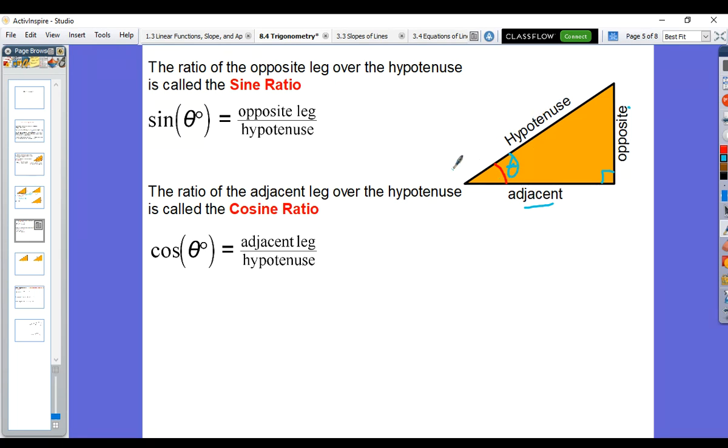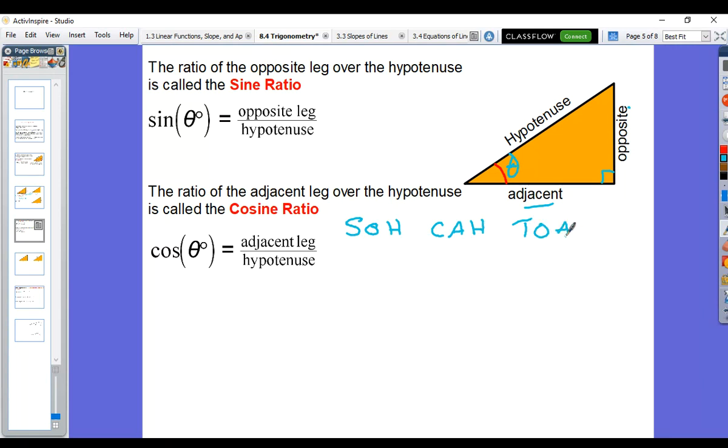Another way to remember which part goes with what, and it gets pretty mind-boggling trying to keep all this in, is the saying SOHCAHTOA. So sine is opposite over hypotenuse, cosine is adjacent over hypotenuse, and tangent is opposite over adjacent.